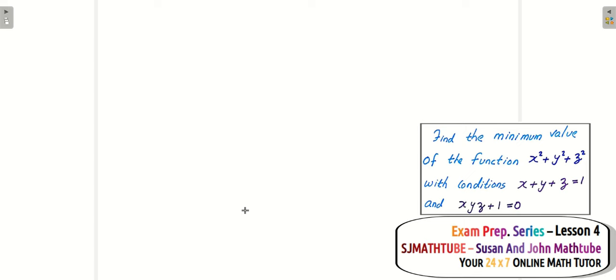So I'll put the question on the right side of the screen so that you can check it anytime you want. And I hope you remember function in 3 variables and 2 conditions can be reduced into a function in 1 variable. So let's start.